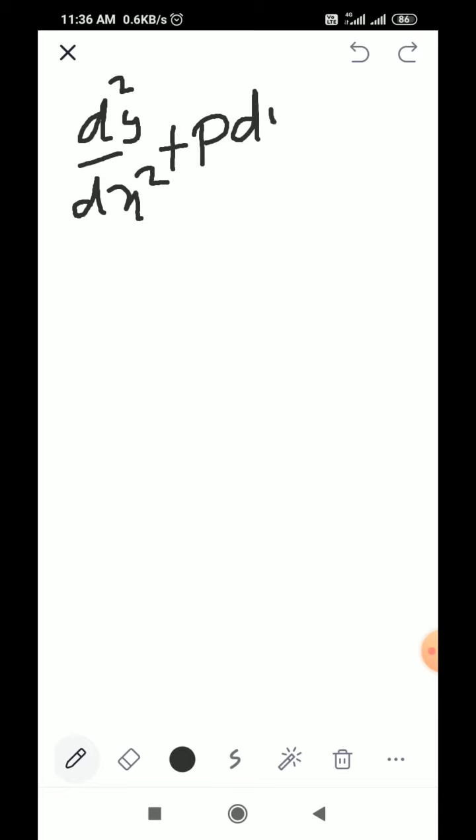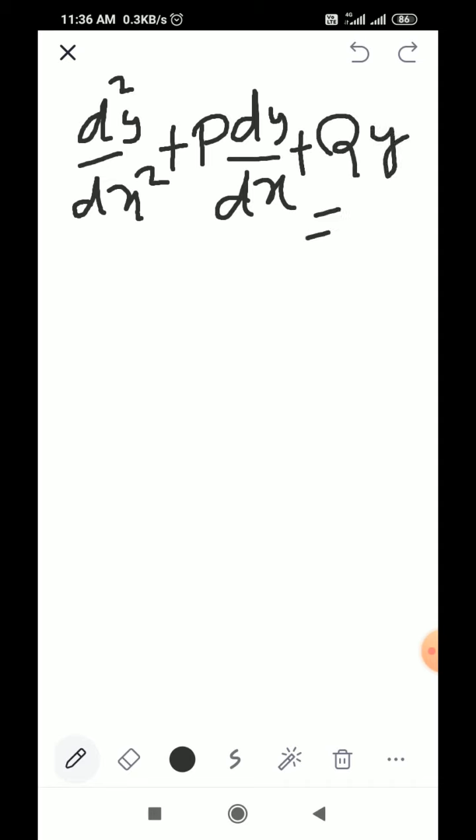So student, method of variation of parameters. Let the standard form of equation be d2y by dx square plus p dy by dx plus qy equal to r.